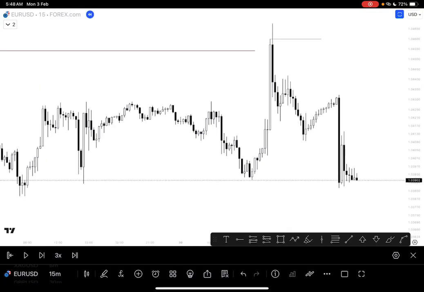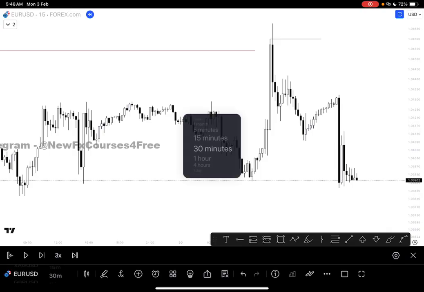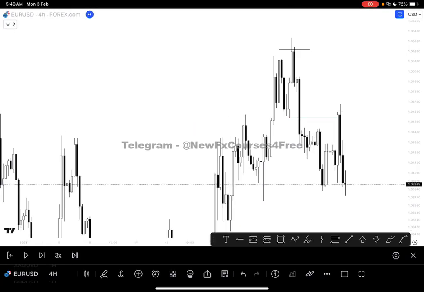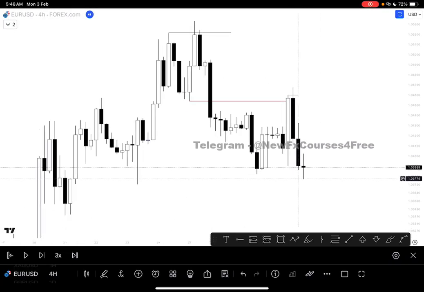So here, let me go back down to the 4-hour time frame. So here, breakout block, 4-hour candle range, taps on key level and displaces lower.